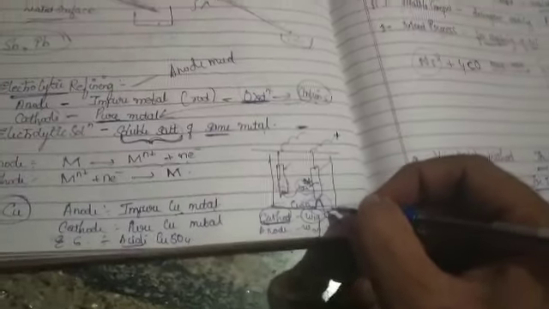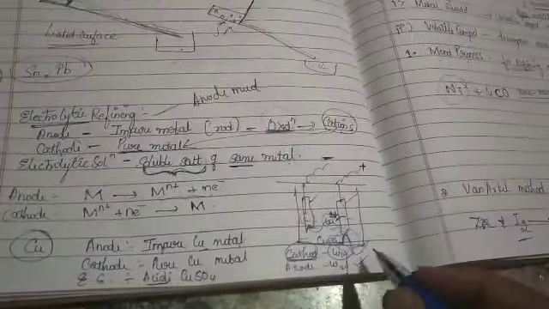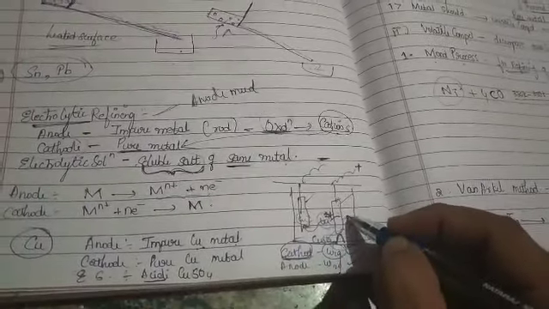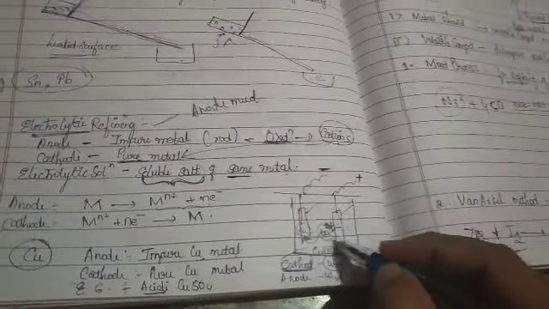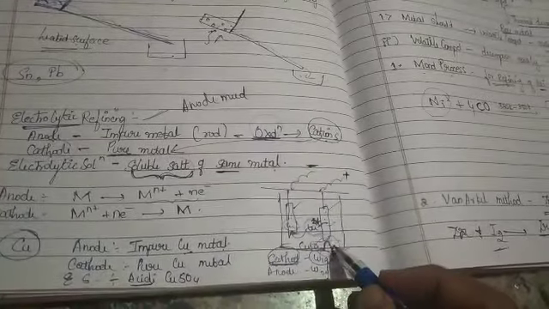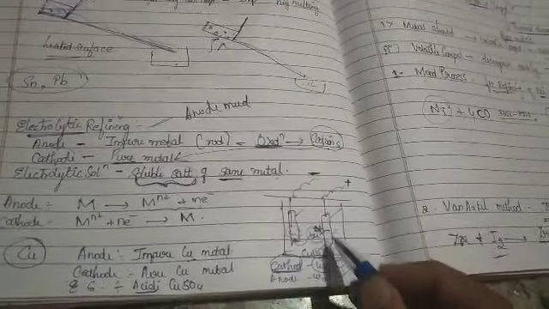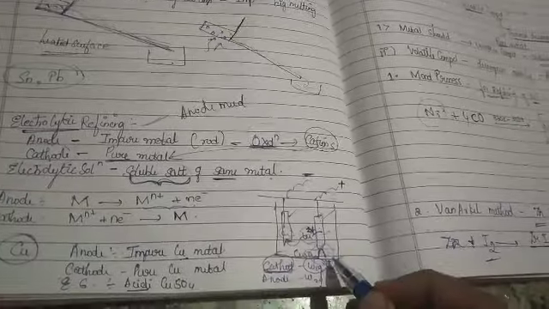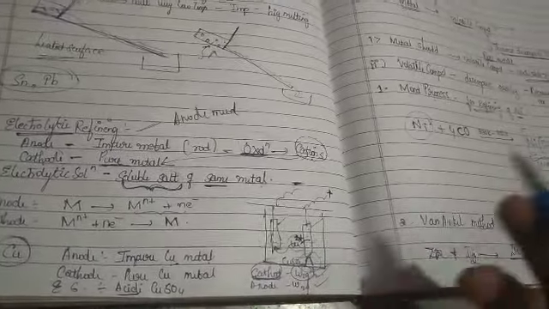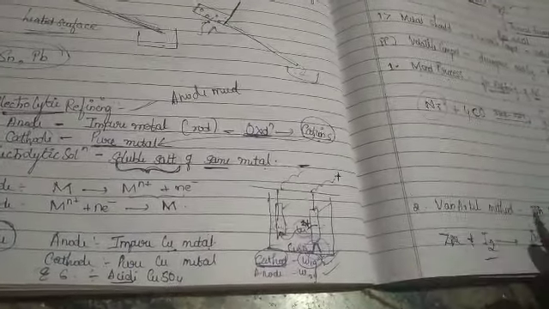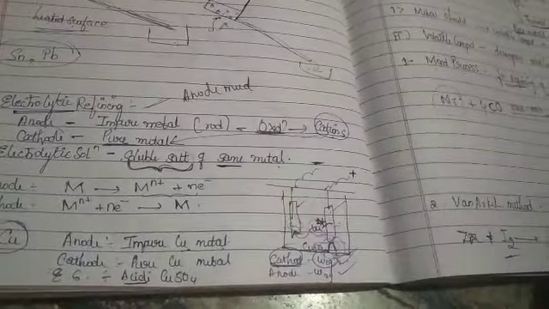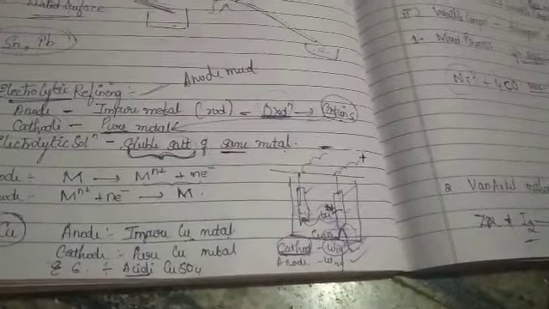So what is this anode mud actually? Basically, they are the impurities present in your impure metal. During electrolysis, they get deposited at the bottom of the anode itself, mainly containing impurities such as antimony, selenium, tellurium, silver, gold and platinum. You can ask me, are gold and platinum also impurities?